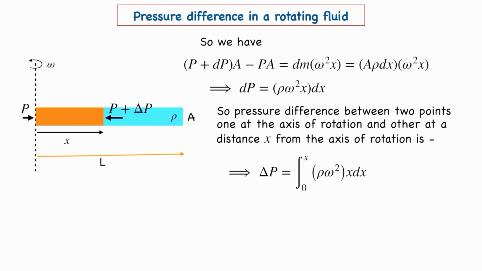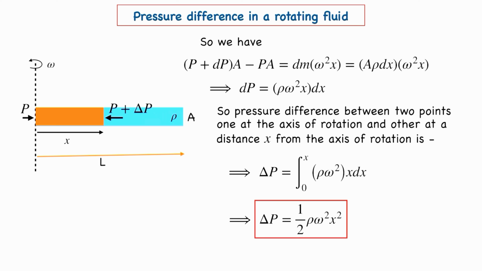And we get delta P, that is difference in pressure between the two ends of this element of length x. Delta P equals integration 0 to x of rho omega square x dx, or delta P equals half rho omega square x square.